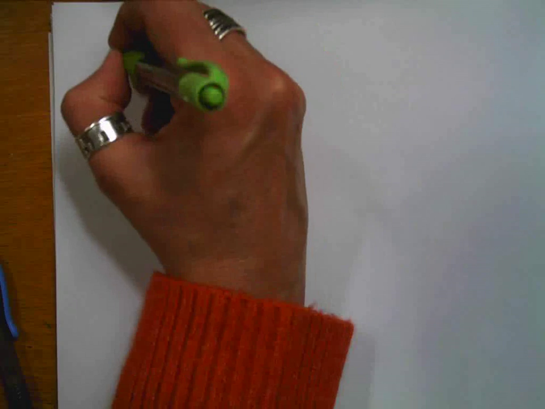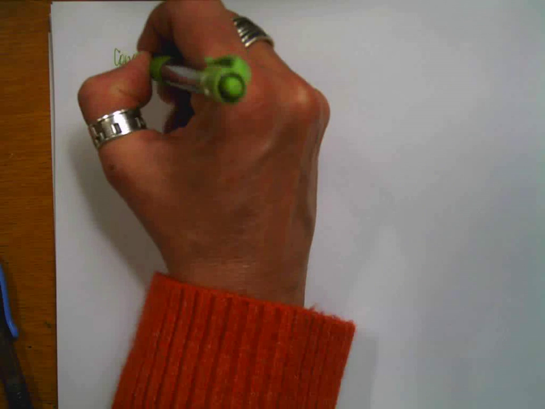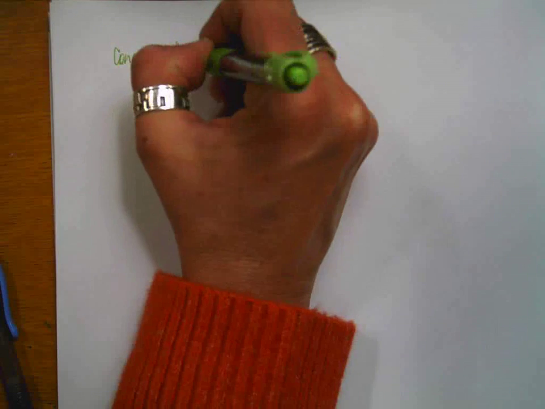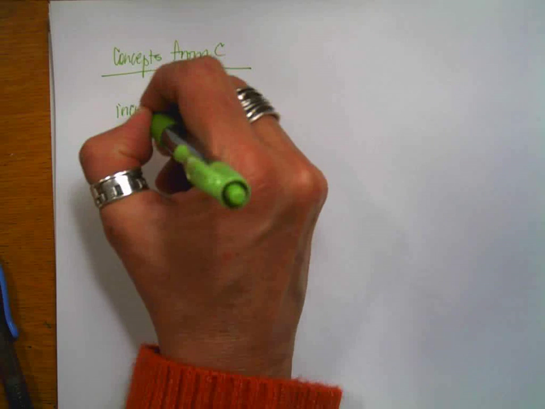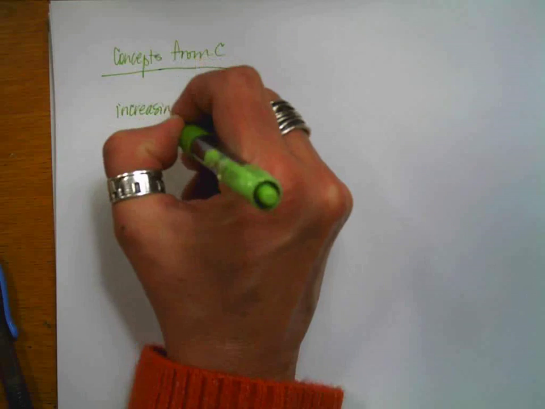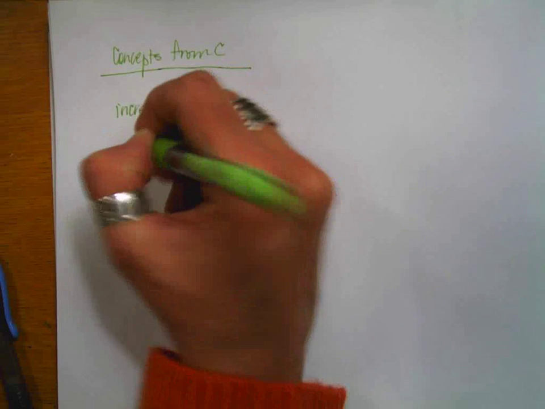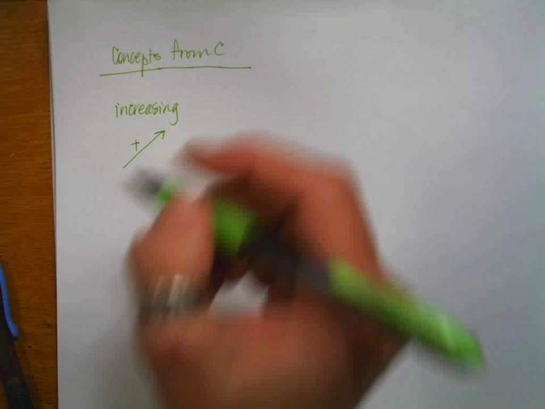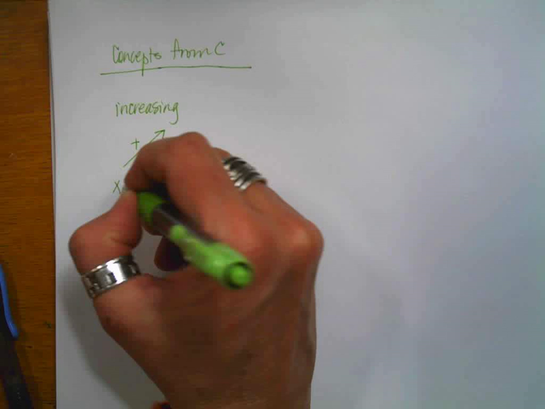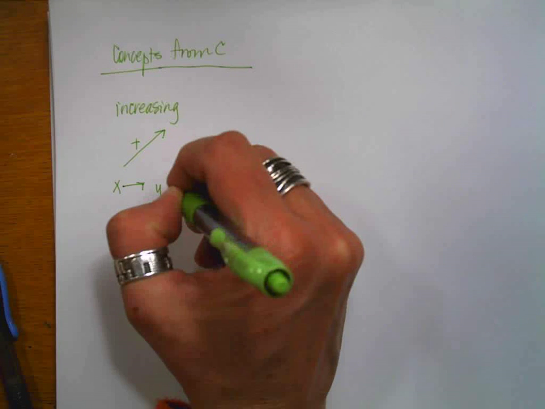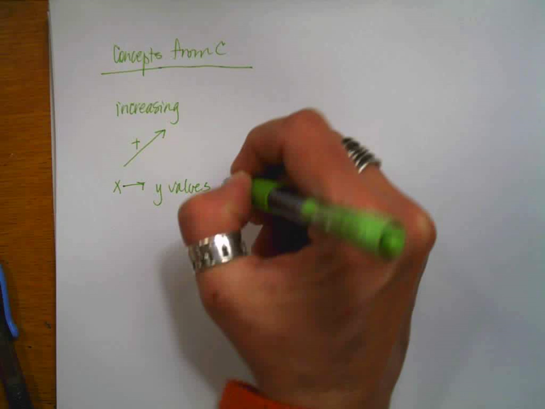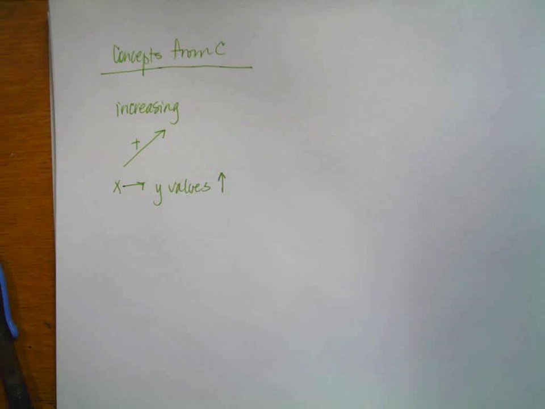So the last thing I want to do is just to kind of summarize our concept from C. Okay? So we know that an increasing function is going to have a positive slope. And remember that increasing means as the x values get bigger, the y values also get bigger.